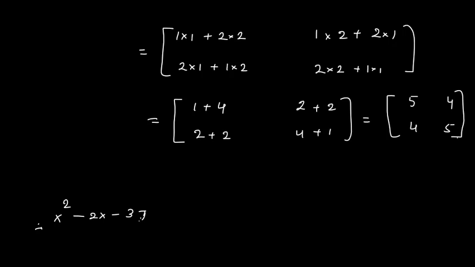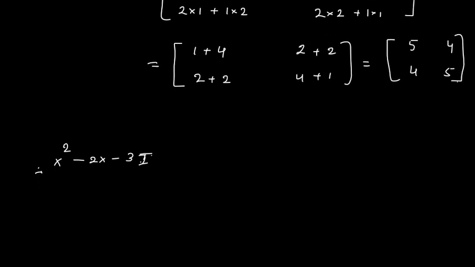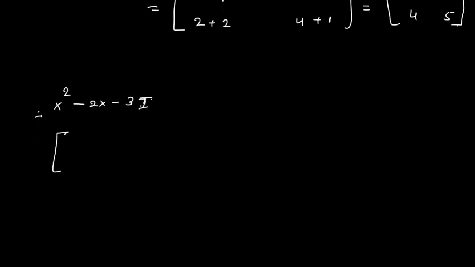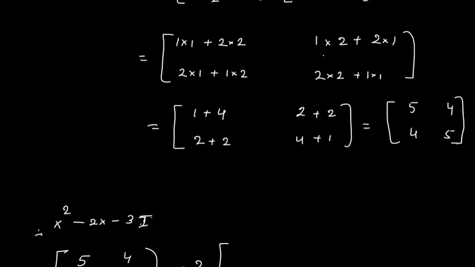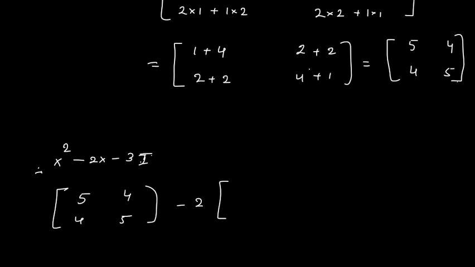Okay, so x square, we know it is [5 4; 4 5] minus 2 into the value of x, which is [1 2; 2 1], and minus 3 into I, which is [1 0; 0 1].